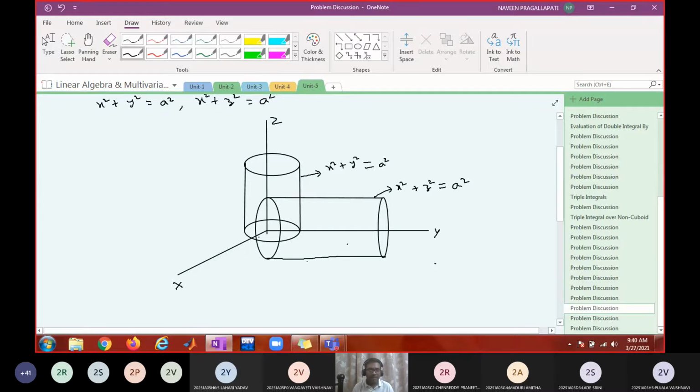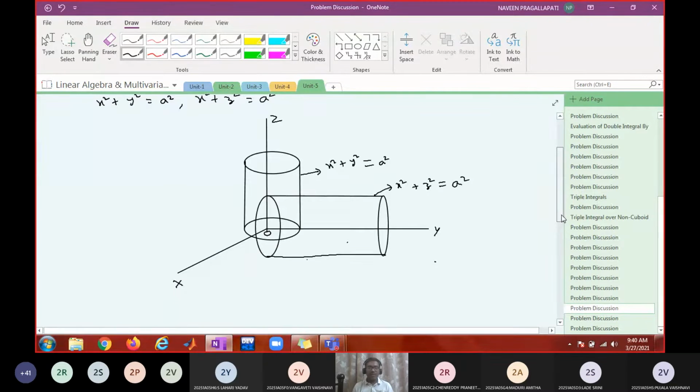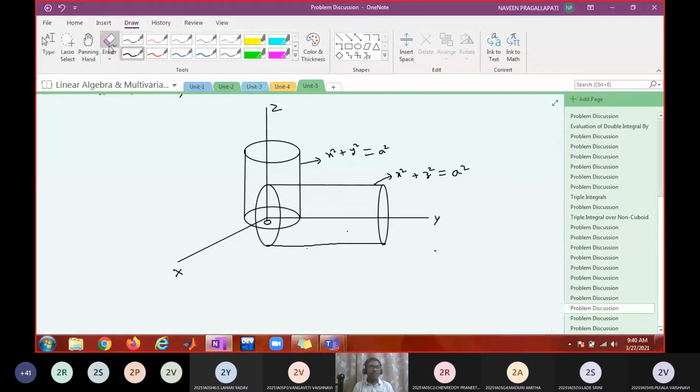So this is the origin. So you are asked to find the volume of the cylinder common to these two.